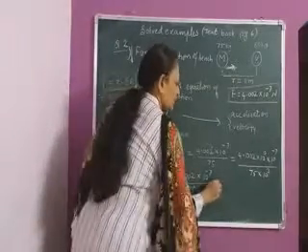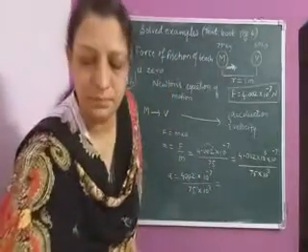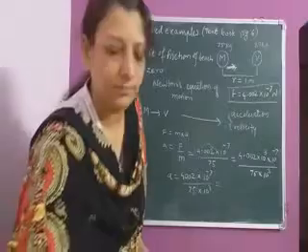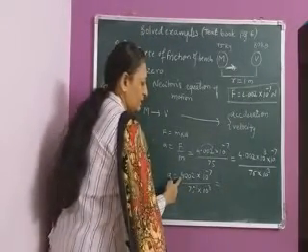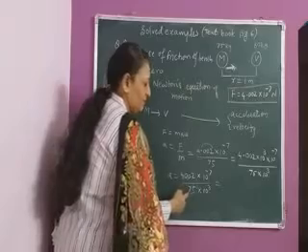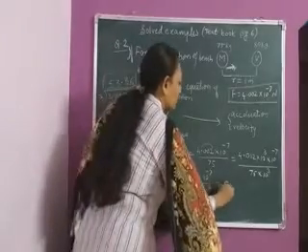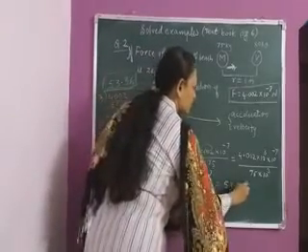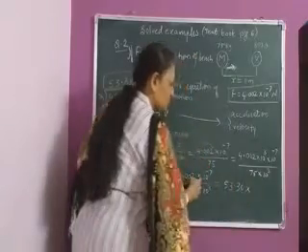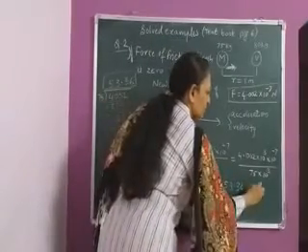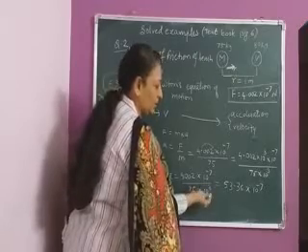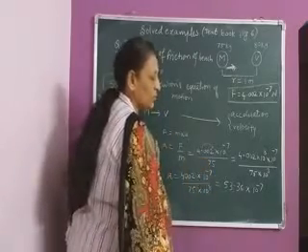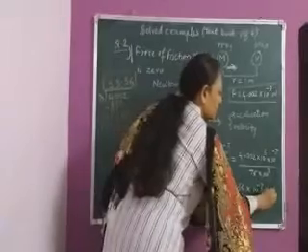So let us write down the value. 4002 divided by 75 is equal to 53.36 into 10 to the power negative 7. And this denominator has 10 to the power 3. We will transfer it into the numerator. It will become 10 to the power negative 3.